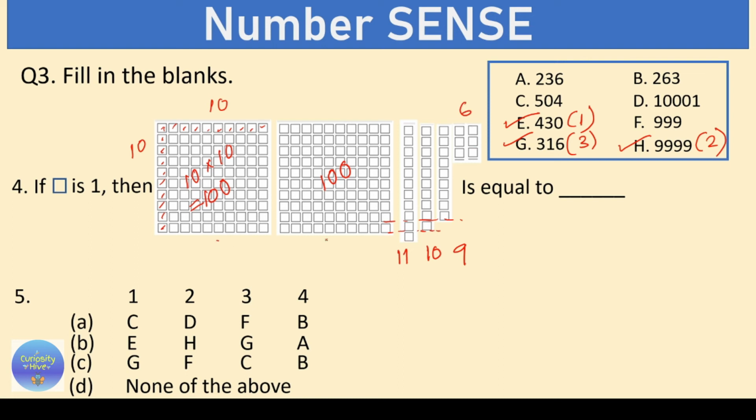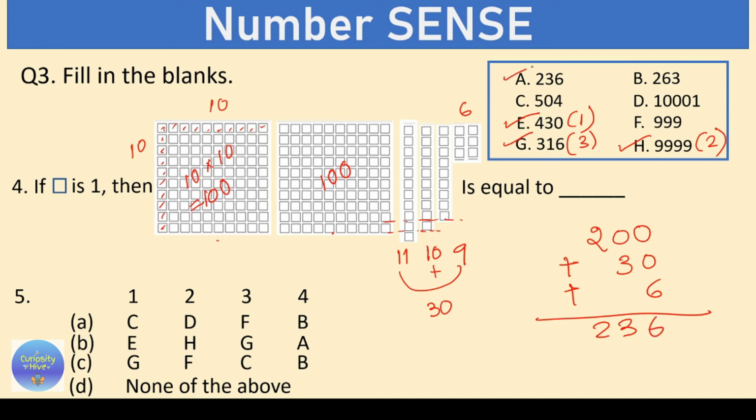So we have 200s and this is 30 because 11 plus 9 is 20, plus 10 is equal to 30, and 6. So we have 200 plus 30 plus 6, which gives us 236, which is A in the fill in the blank. So this is our fourth answer.